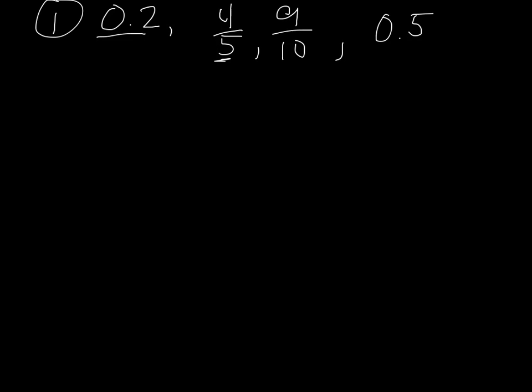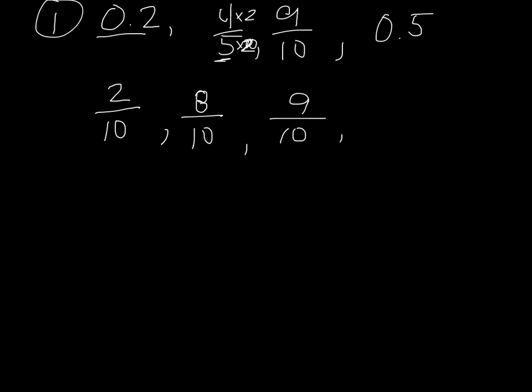Okay, so 2/10 would just be 2/10. 4/5, if I multiply the bottom by 2, top by 2, I would get 8/10. Then I would get 9/10 and 5/10. Okay, they all have the same denominator, so I can just look at the numerators to see which one's bigger.